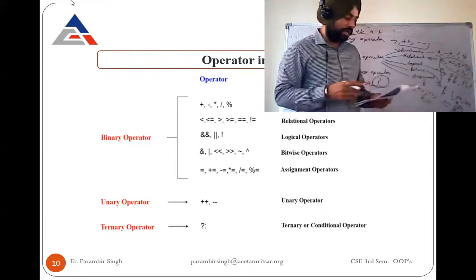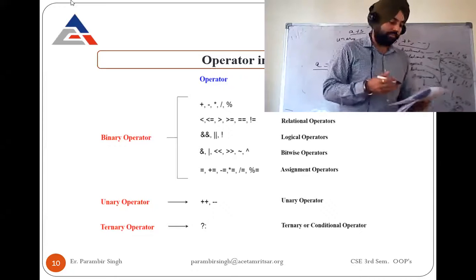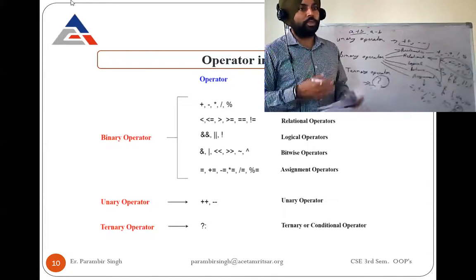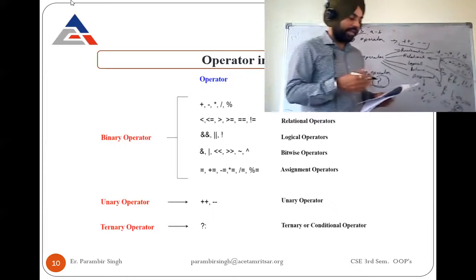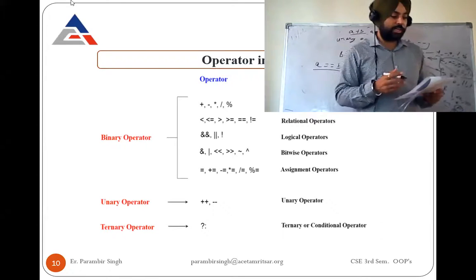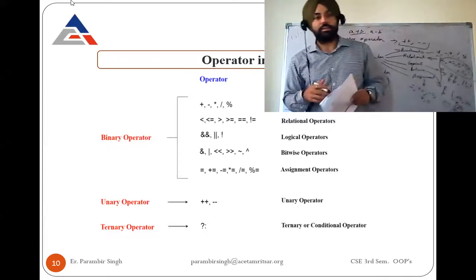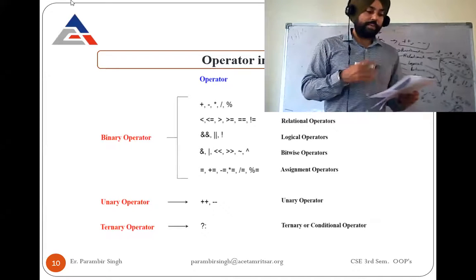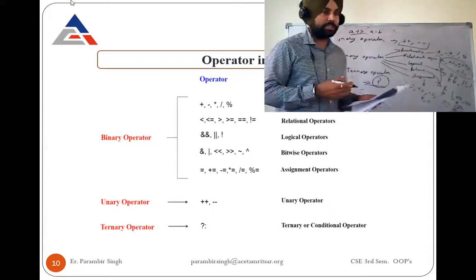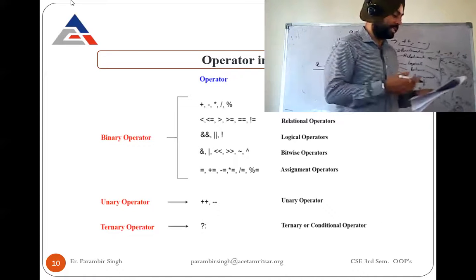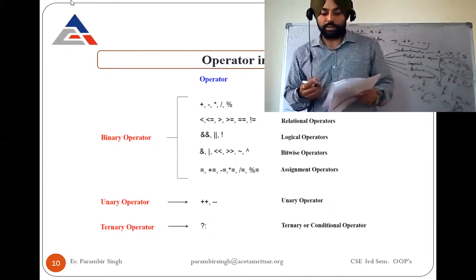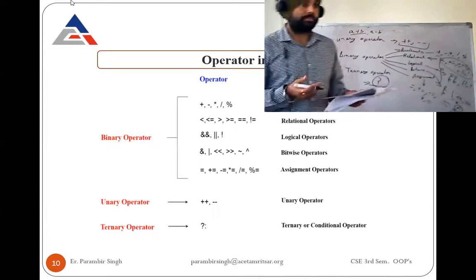The bitwise operator is used to perform bit level operations on the operands. The operands are first converted to bit level values and then the calculation is performed.